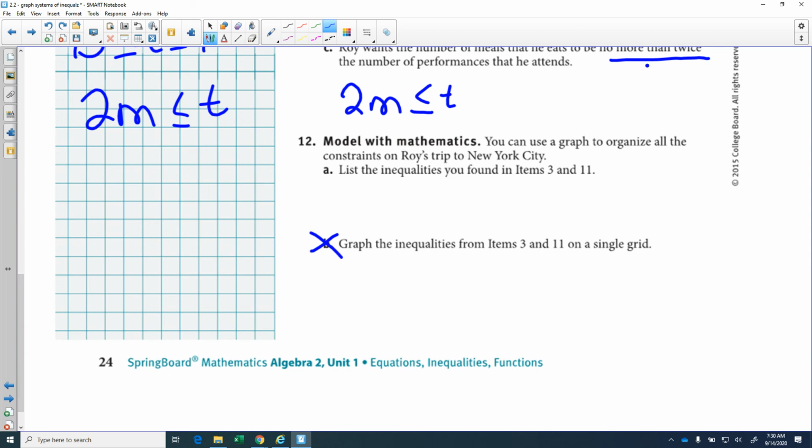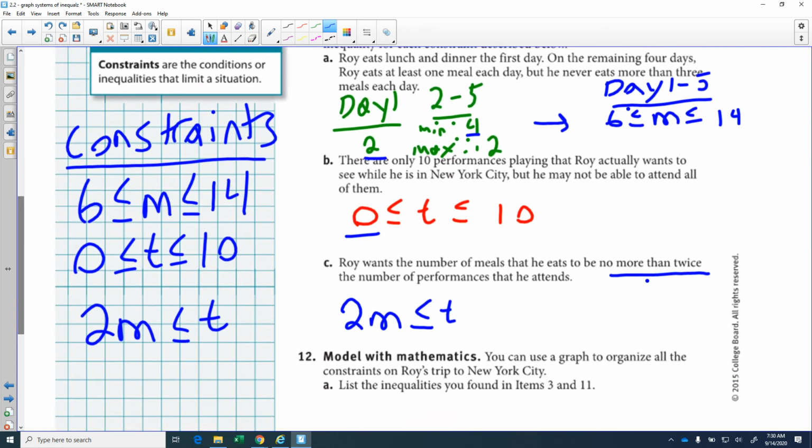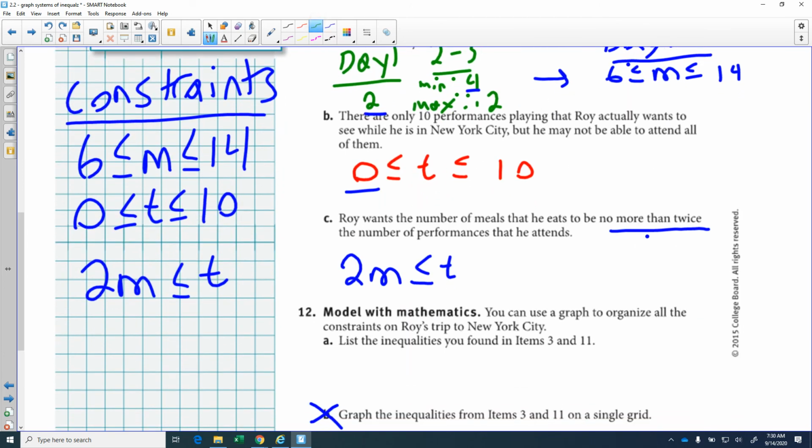If I were to write these all out in a single situation, all of our constraints would be these three values here, and we can't forget about the original constraint in the first place, our actual equation for these values. And what we have done is we've actually built constraints with this problem.